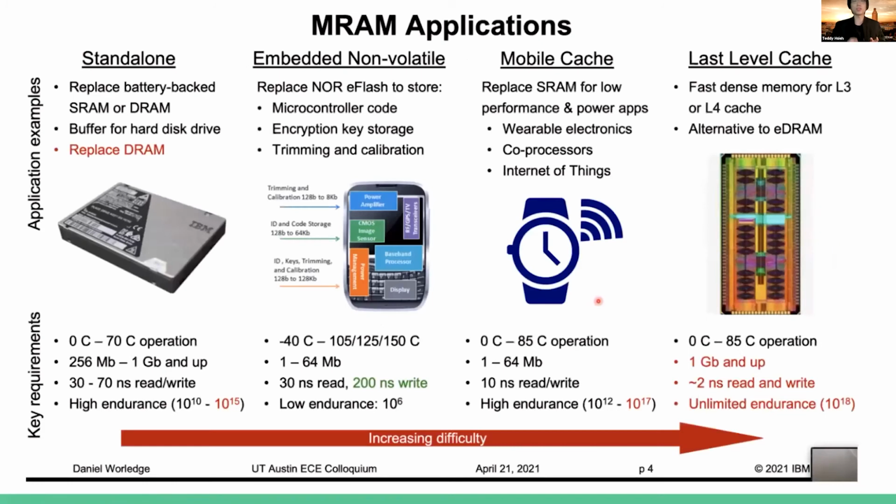Oh, I did want to show this slide because someone had a question about MRAM applications besides just embedded. You see here's increasing difficulty. Of course, the easiest that I see right now is just use it as a standalone.